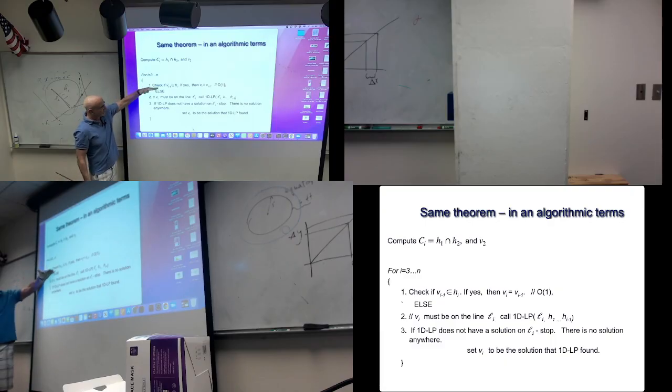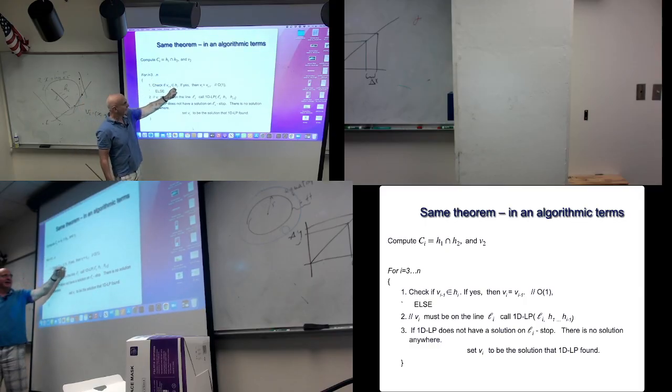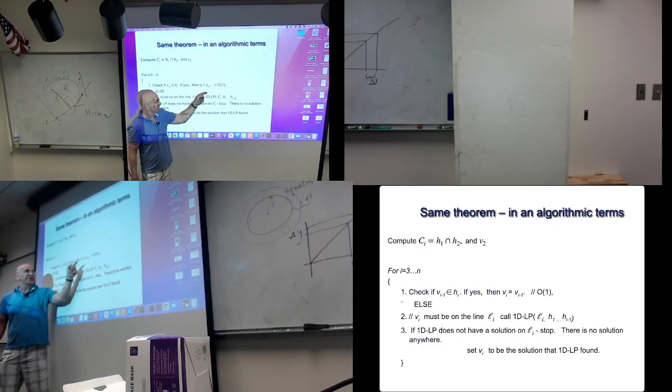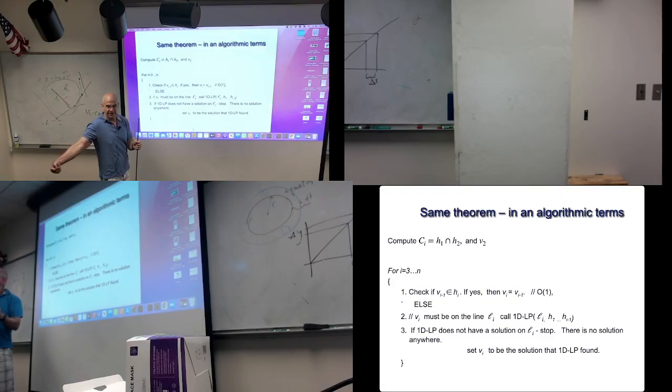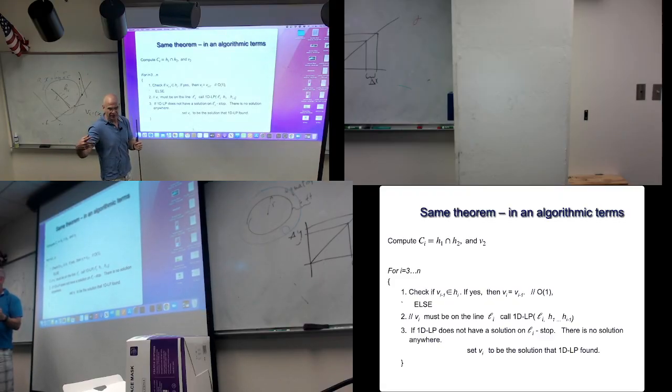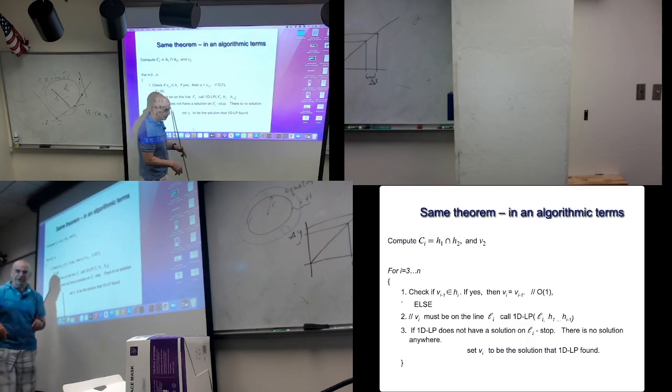And now I start adding half planes one by one. For every half plane Hi that I add, if Vi minus 1 is inside this half plane, then do nothing. Vi is just Vi minus 1. It takes you constant time to check it. Same way that when I added a point, it took me constant time in the closest pair to check if the distance was changed or not.